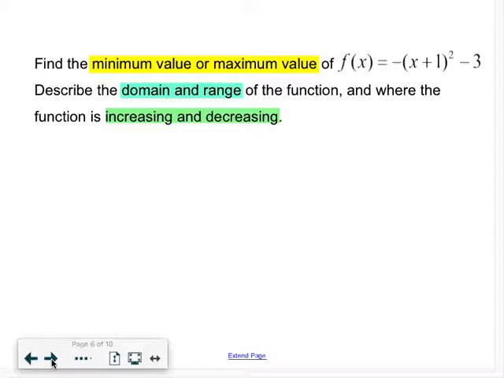The function is increasing for x less than -1, and it's decreasing after -1. Maximum is at -1, -3.